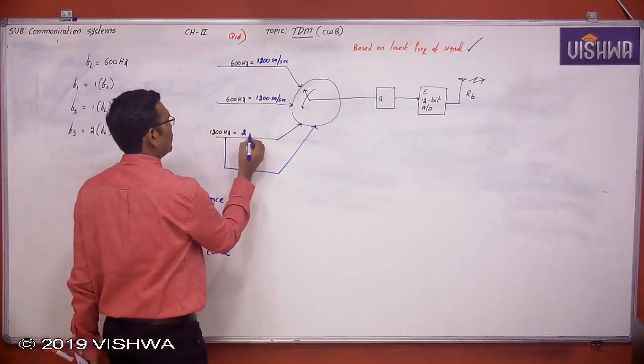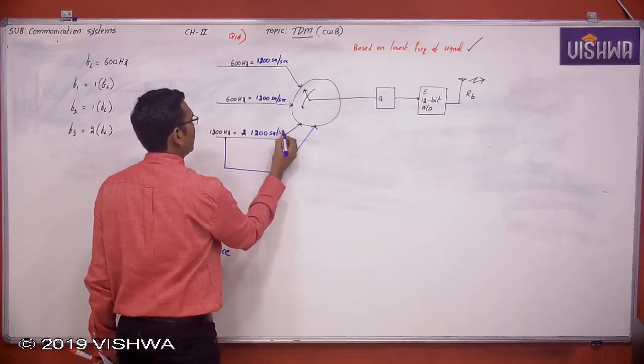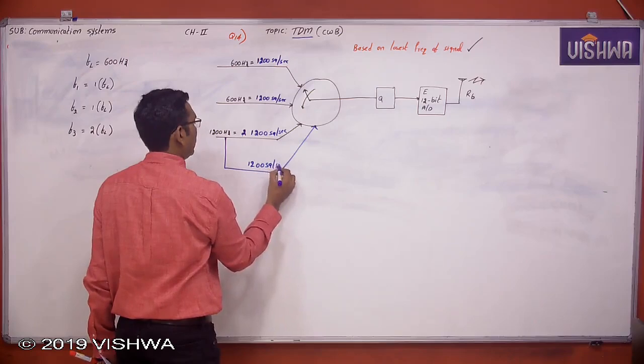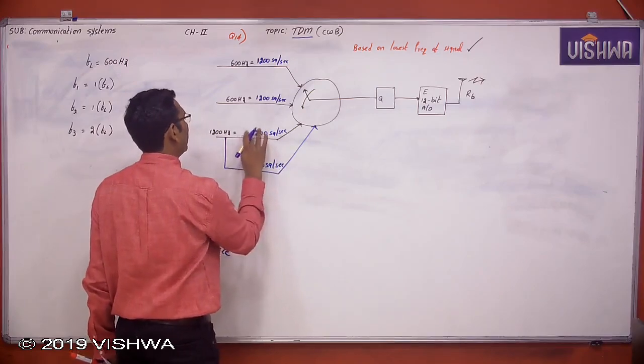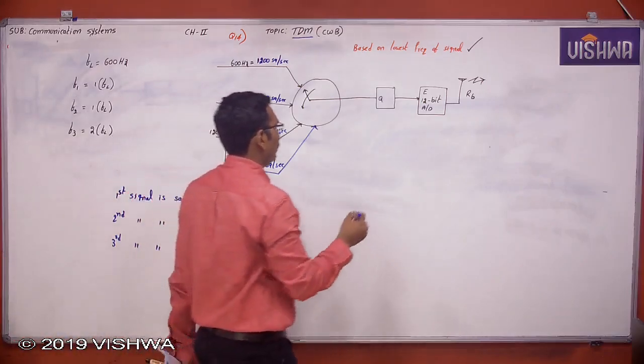Now this is 1200 samples per second. Here also 1200 samples per second. We can fix the speed of the commutator based on the lowest frequency. Therefore, what is the bit rate?